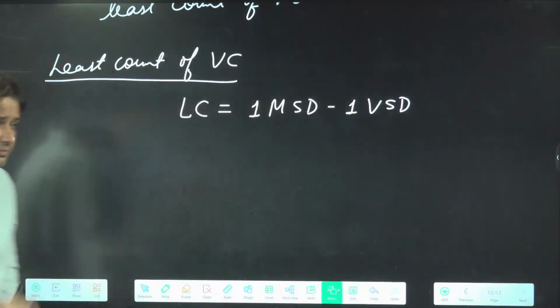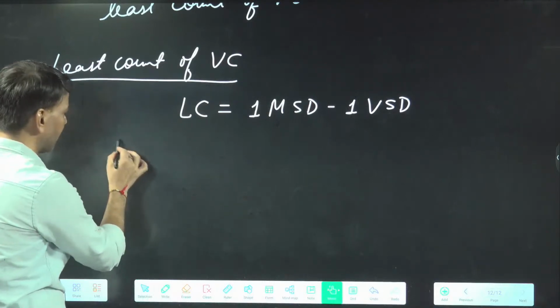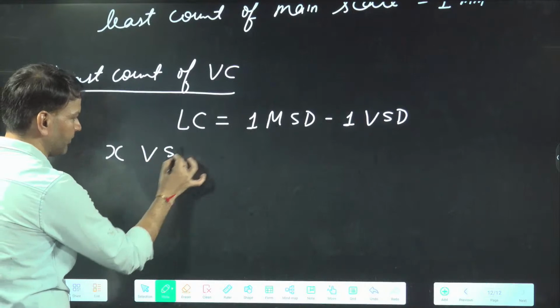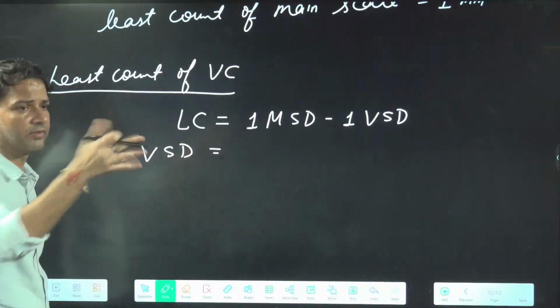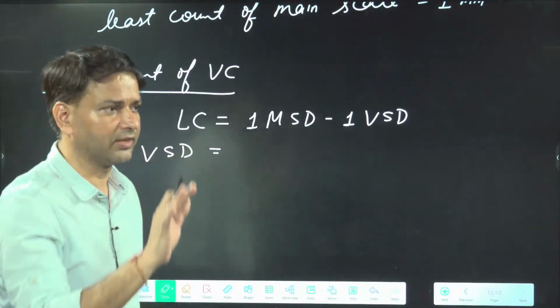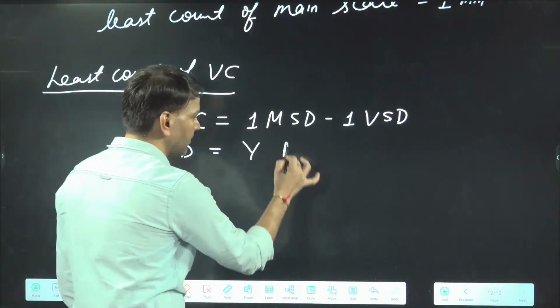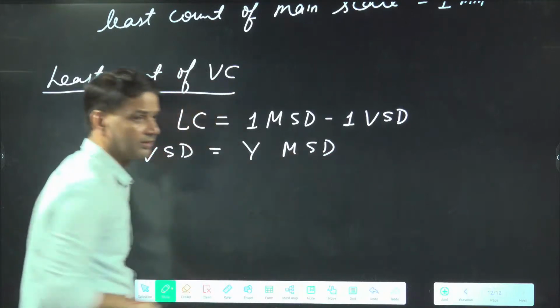Understood? So suppose I say X Vernier scale divisions, and they will give the value of X, like 10 divisions or 20 divisions. So X Vernier scale divisions equal Y main scale divisions.